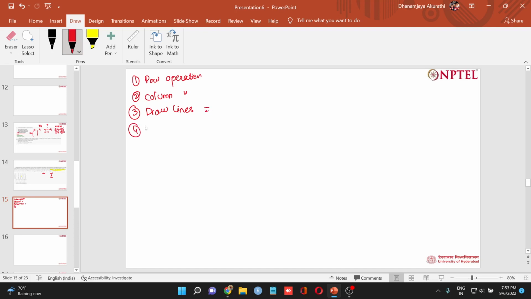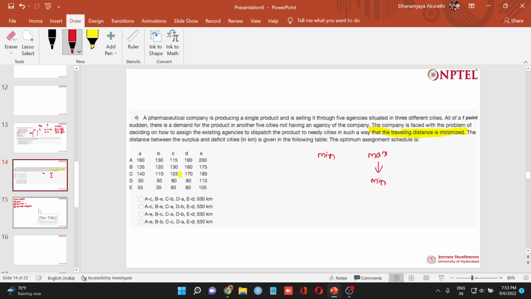If it is not equal, then we have to do the step again. After finding the drawn lines, if they are equal to the order of the matrix, then do the zero assignment. Then finally you get the assignment solution.